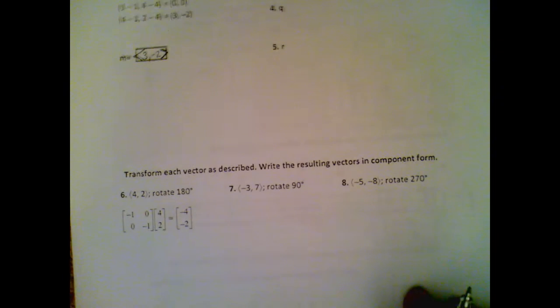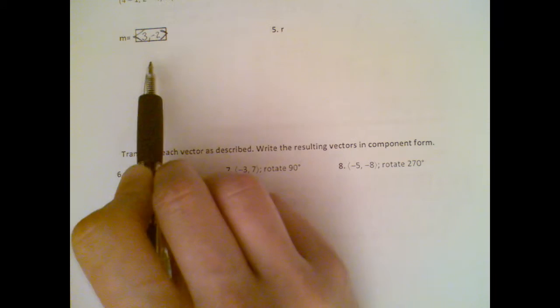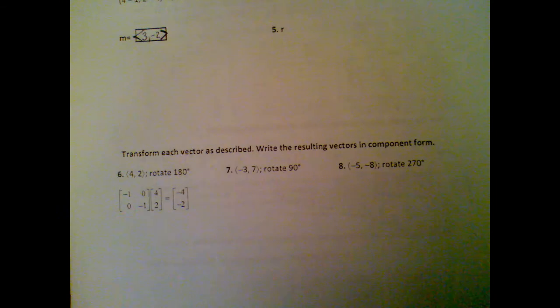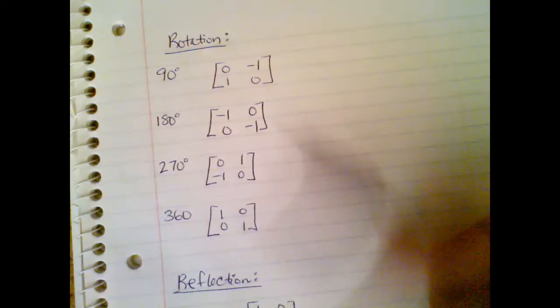If we take a look at these bottom problems, it says transform each vector as described. Write the resulting vectors in component form. So they want our answer in component form just like above. So to start off with, we're going to be using these same transformations from the last section. So if it tells us rotation, we're using these top ones.